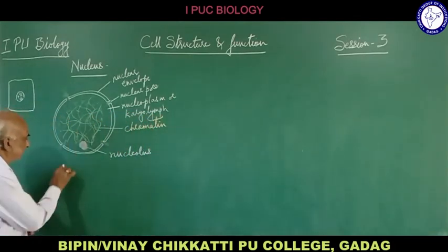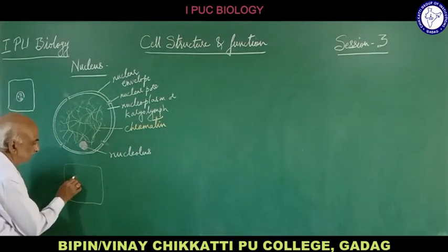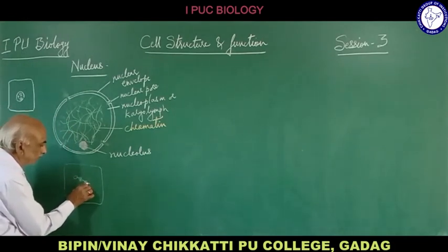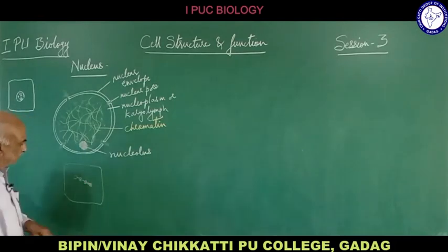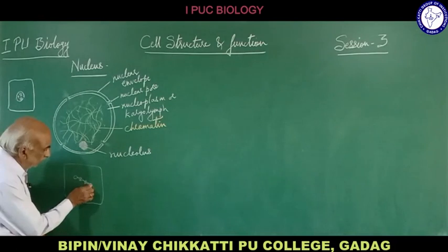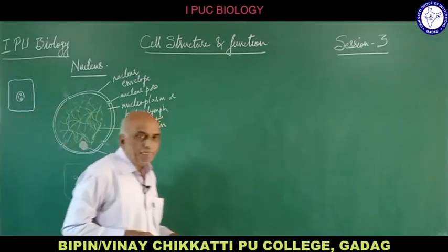Now suppose this is the cell, and this nucleus is split into small lobes like this. So this is one nucleus actually. The lobes are linked by chromatin fibers.